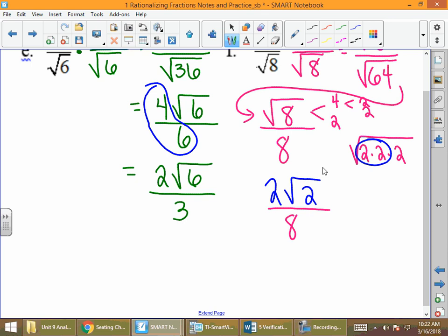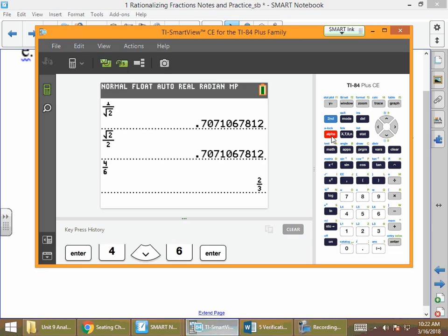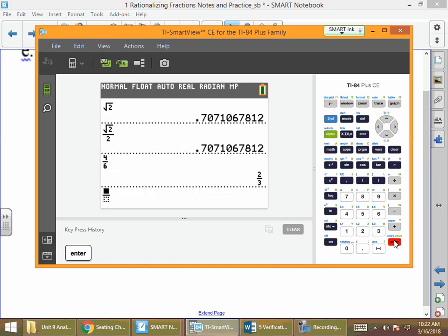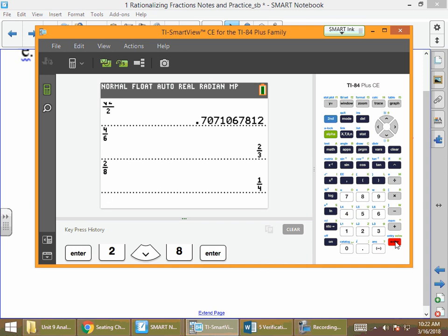And lastly then, see if we can simplify anything. In this particular case, again, it's going to be the parts that aren't underneath the radical. 2/8. If you're not good with fractions, you can go to your calculator and do 2 divided by 8 and get 1/4.